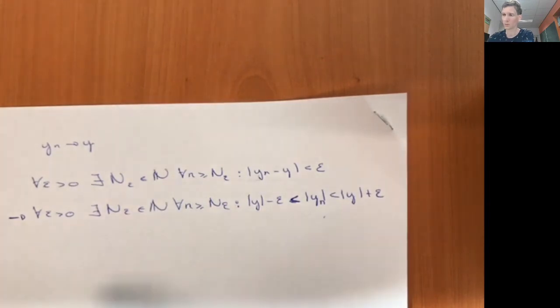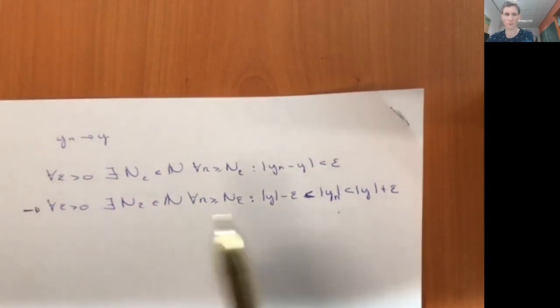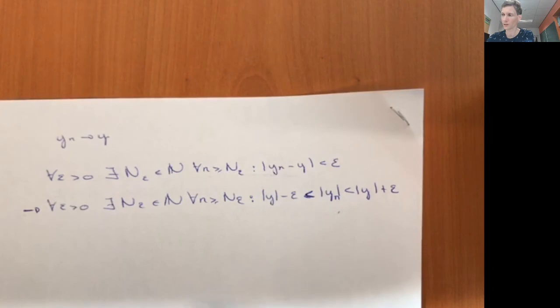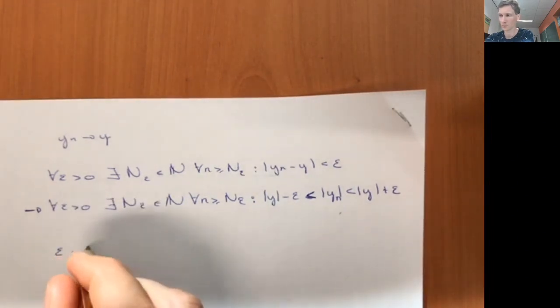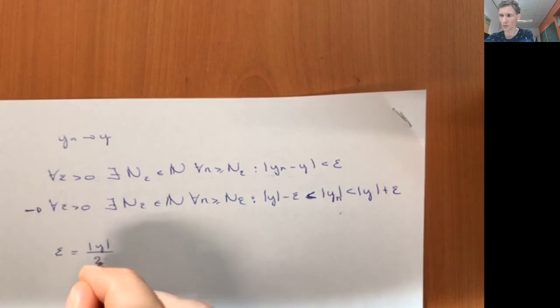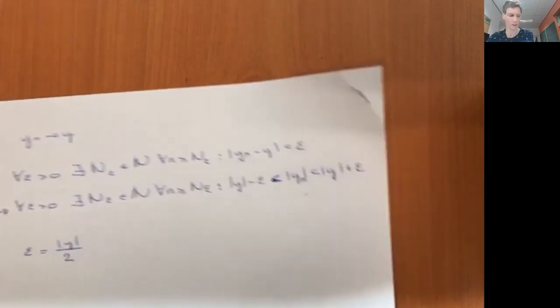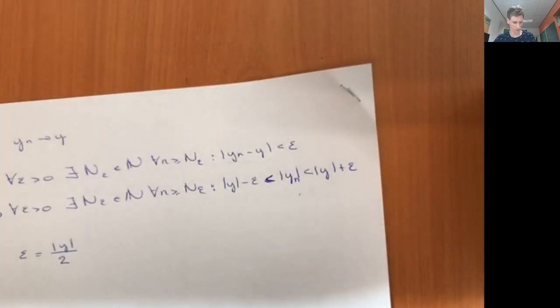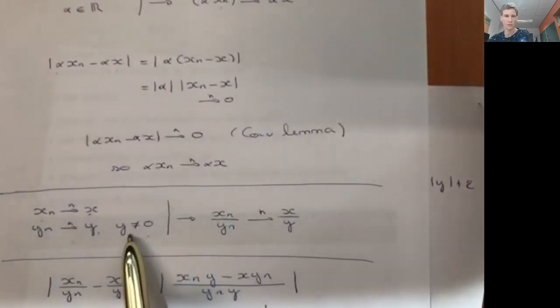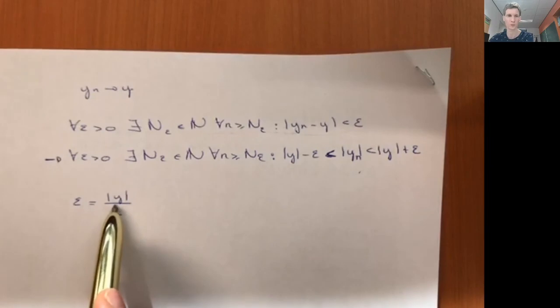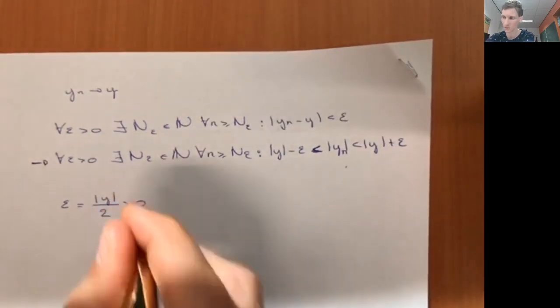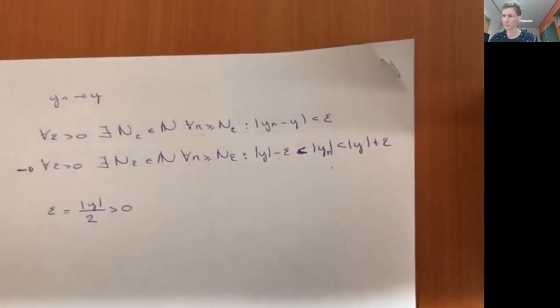Okay, so what we're going to do is we're going to pick one particular value of epsilon. So this particular value of epsilon, let's say that we're going to pick the absolute value of y over 2. So in here, for this we use the fact, remember, that y is different from 0. So if y is different from 0, the absolute value is strictly positive. So this is strictly positive.